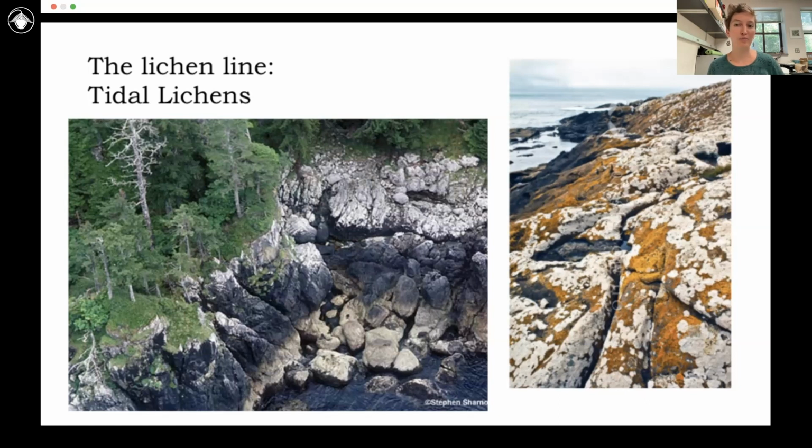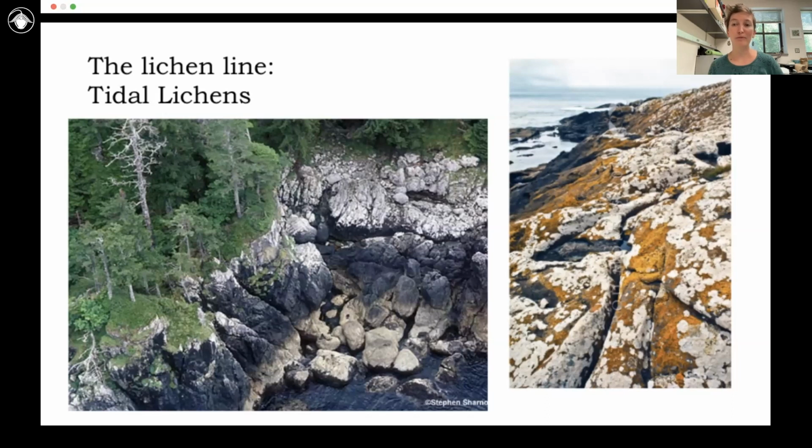As you come further up, you can get this orangey band, and that is your Xanthorias and your Caloplacas. And as you move further up, you get a slightly more diverse community, which can often look quite white, but can have many colors, including browns and greens as well. And that's Lecanoras and Lecideas and Aspicilias.